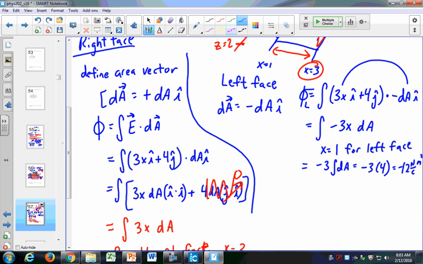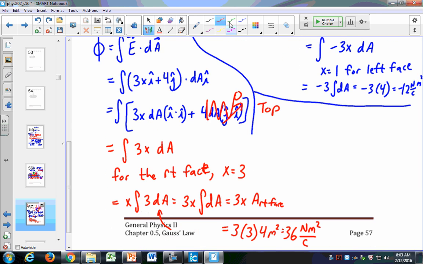All right, and now we can do the top face. That left face was basically the same as the right face. The top face is a little bit different because of our dot product. Notice with the top face, our area vector is going to be positive dA in the j direction, because our area vector goes perpendicular to the surface in a positive y direction.